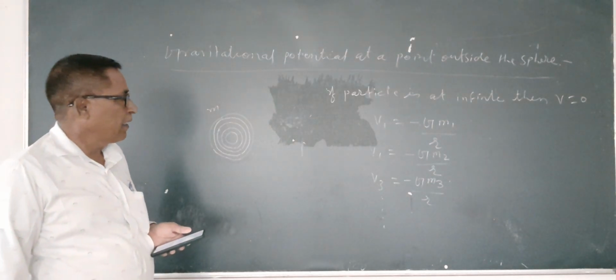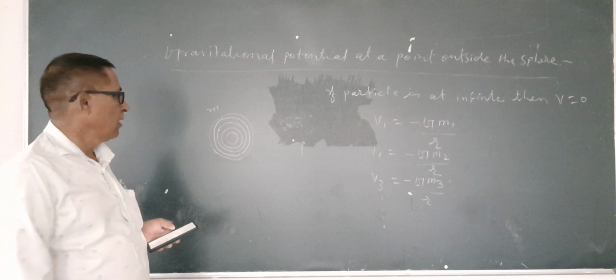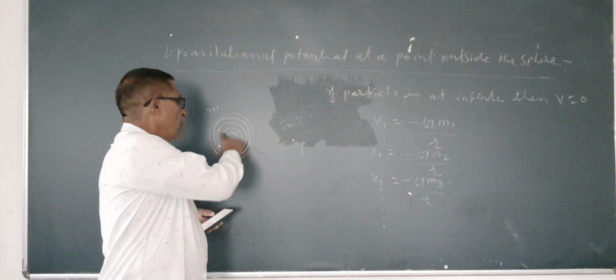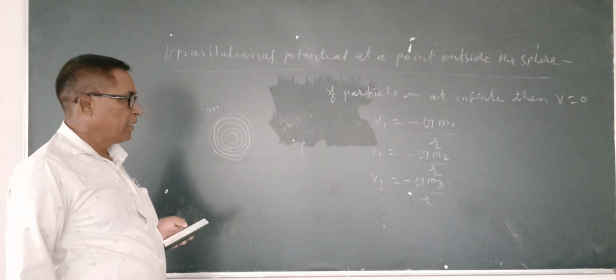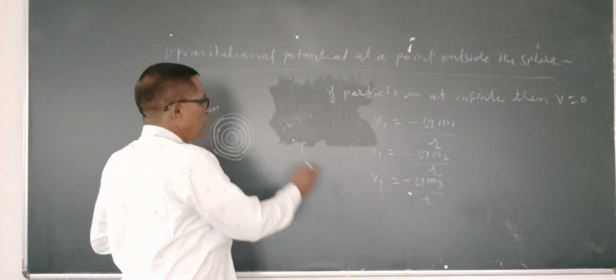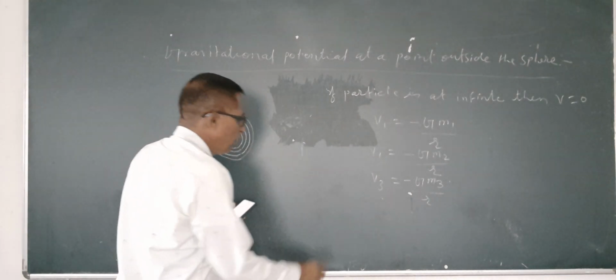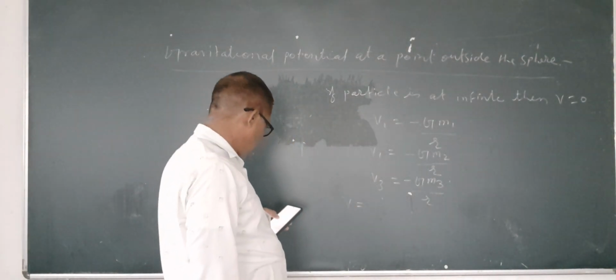Now, we want to calculate the total potential due to all these cells on this point P. That can be calculated by adding the potentials due to these cells.